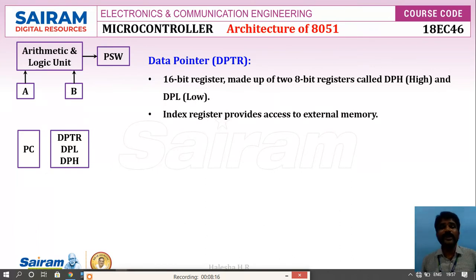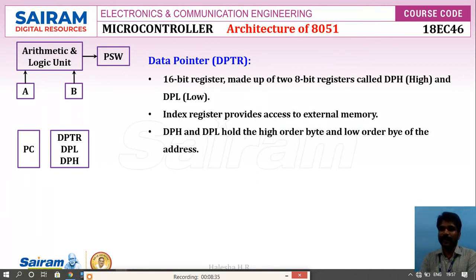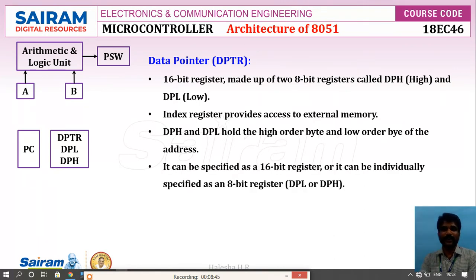It is used as an index register to provide access to the external memory. If it is program memory, PC is used. If it is data memory, DPTR is used as an index register to provide the address of external memory. As I said, DPH holds the high order address byte, and DPL holds the low order byte of the address.